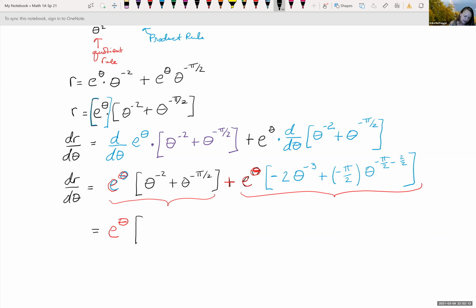So for this first piece, I have this theta to the -2 power plus theta to the -pi/2 power plus, well, I pulled the e to the theta out, so I'm just left with what I had put in blue.